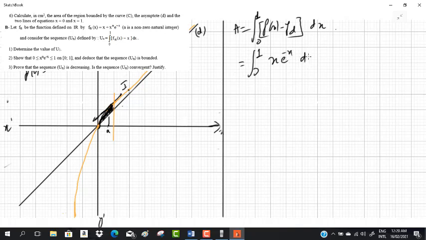This is x times an exponential, so we do integration by parts, using tabular integration with u and e to the minus x: derivative, antiderivative, alternating plus and minus. So the answer is negative x e to the minus x minus e to the minus x, between 0 and 1.